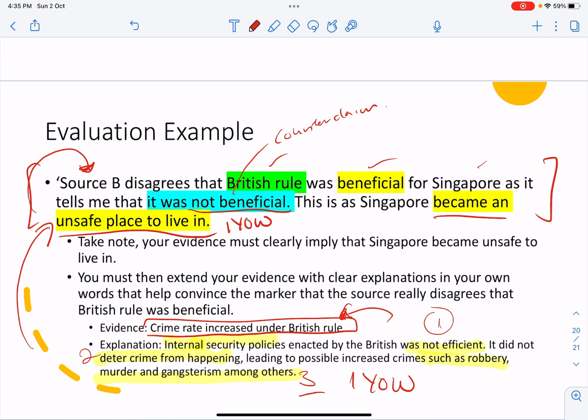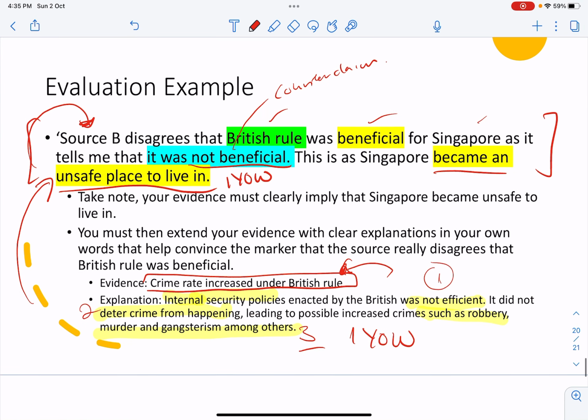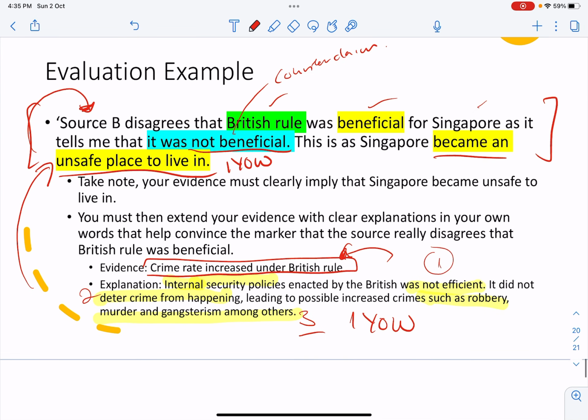So, it's very important in your evaluation, you do paragraphs separately, and you also make sure you provide the reason, the clear reason in your first line. Okay, and then you make sure your evidence is relevant enough to imply the reason that you give.